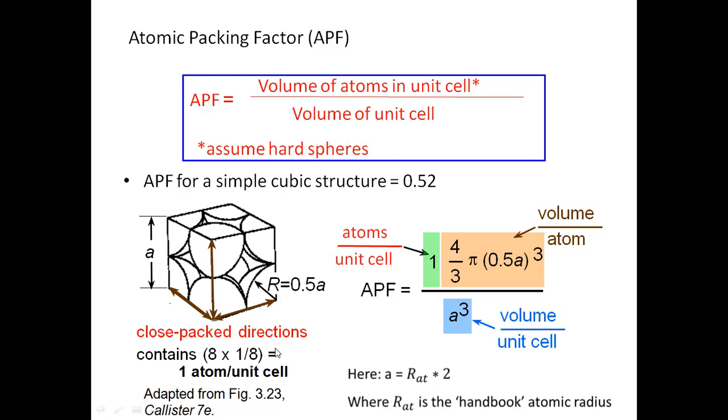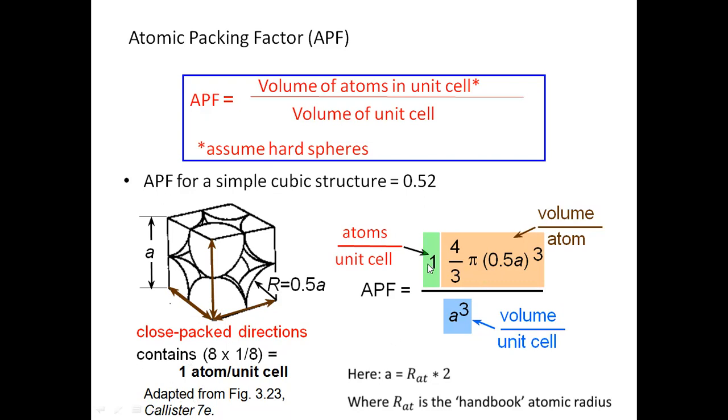That gives you 1. So you have 1 atom per unit cell. I hope we're together. In a simple cubic structure, the number of atoms inside is 1.